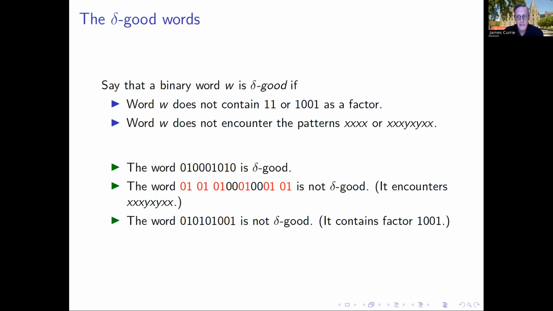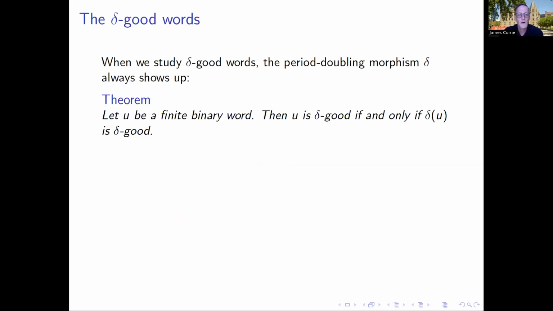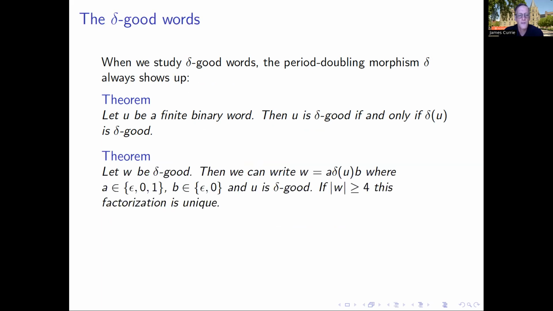And this set of words has the same relationship to delta that the overlap-free words have to the Thue-Morse morphism. When we study delta good words, the period doubling morphism delta always shows up. If U is a finite binary word, then U is delta good if and only if the image of U under delta is delta good.